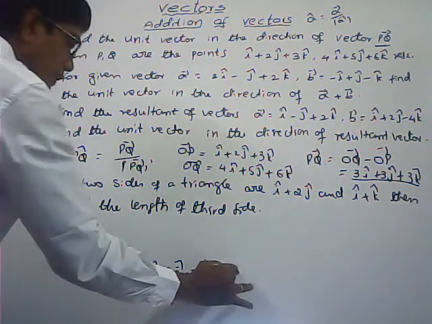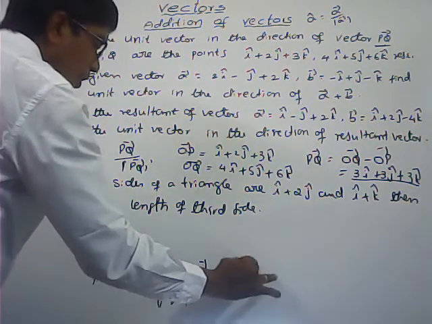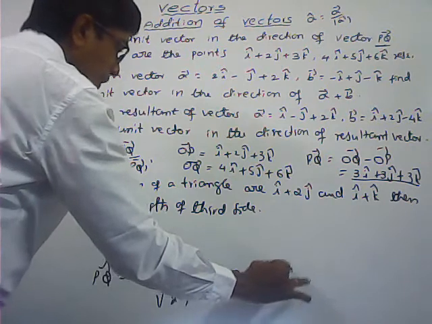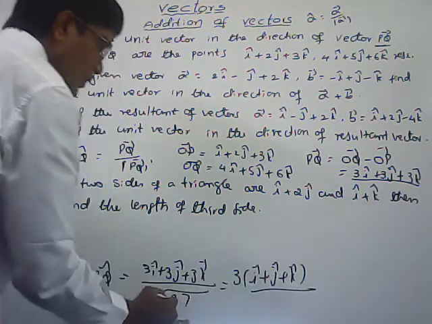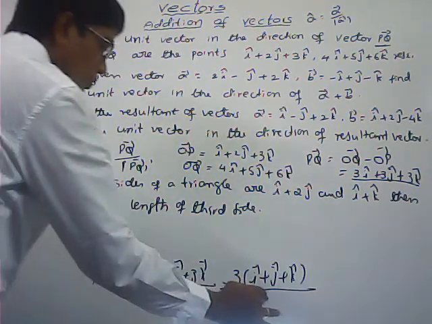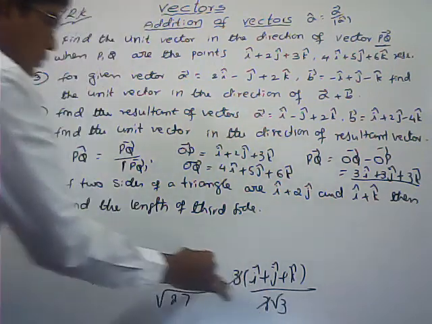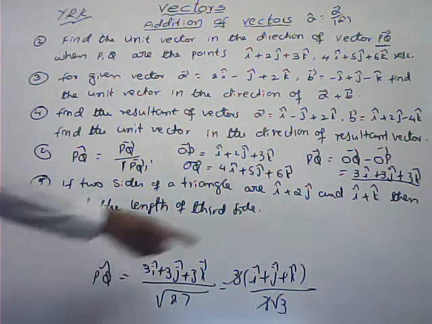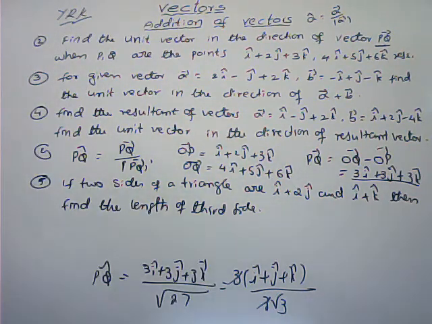If I take 3 as common, i cap plus j cap plus k cap whole by 3 root 3. So here 3 and 3 we can cancel. This is the unit vector in the direction of PQ bar, that we can represent with PQ cap.